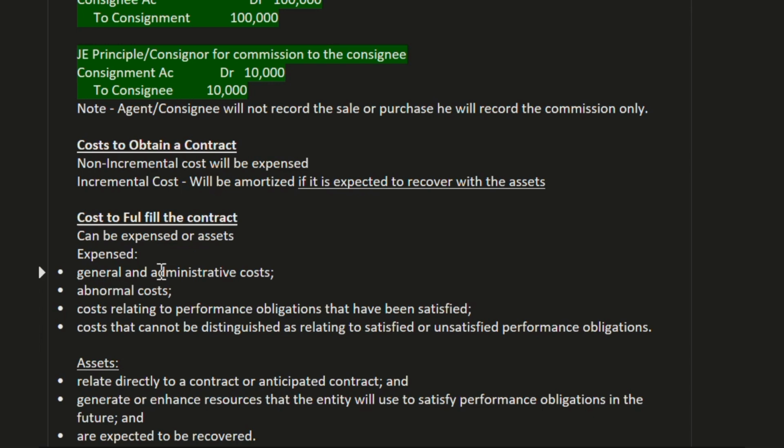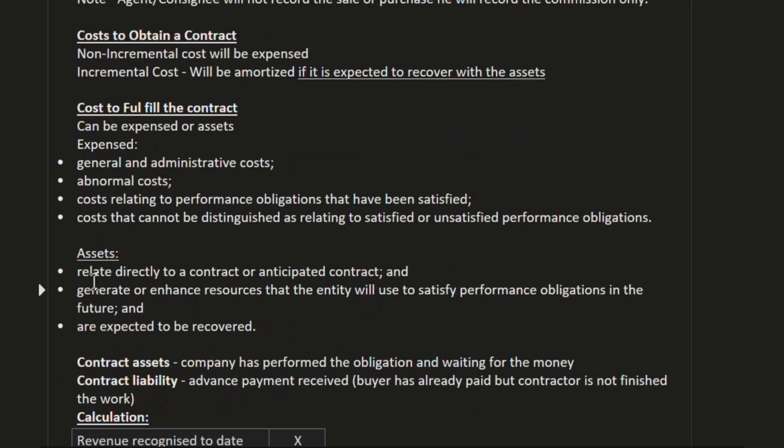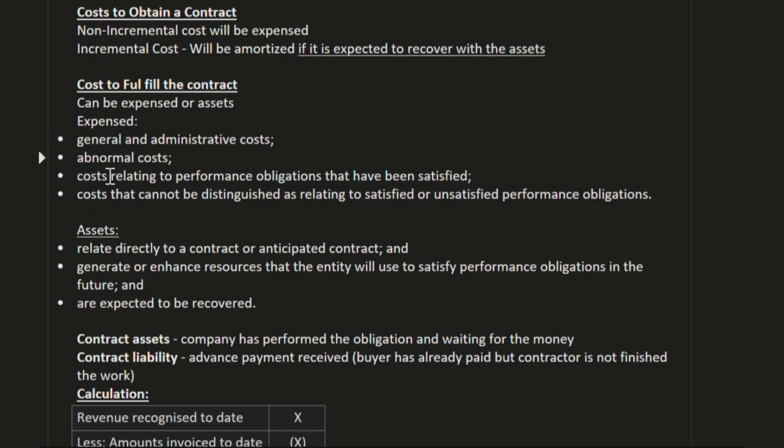So these costs will be expensed. The asset will be costs that relate directly to the contract or anticipated contract, generate or enhance resources the entity will use to satisfy performance obligations in the future, or costs that are expected to be recovered. So all these three will be asset and all these four will be expense.